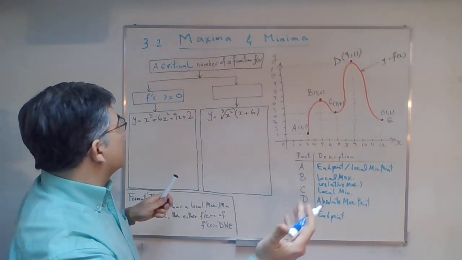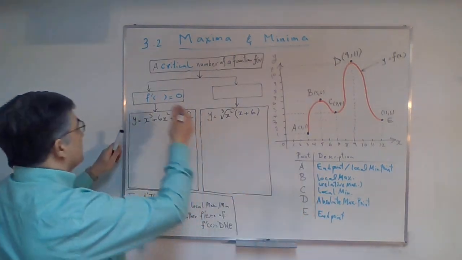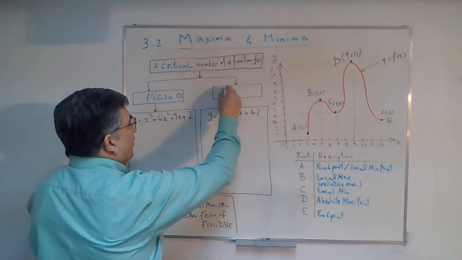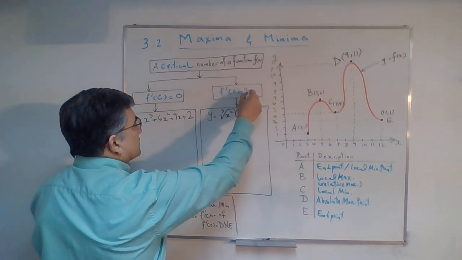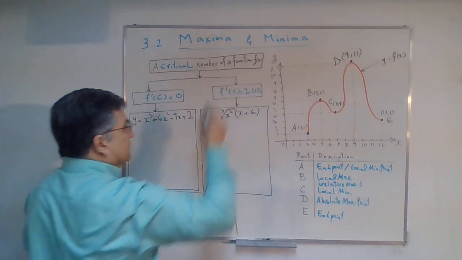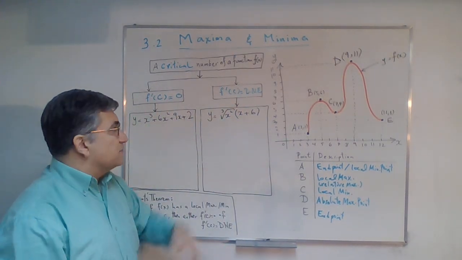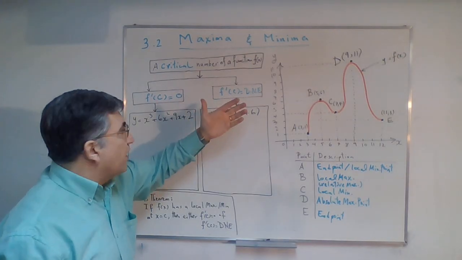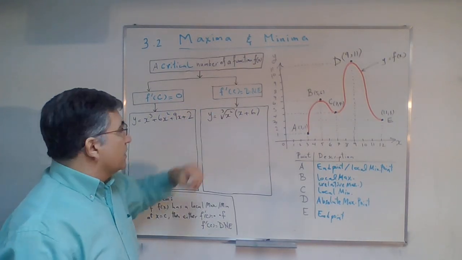So if I call the critical number, let's say c, then f prime at c is either 0 or f prime at c does not exist. Okay? That means that the derivative is not defined at x equals c.